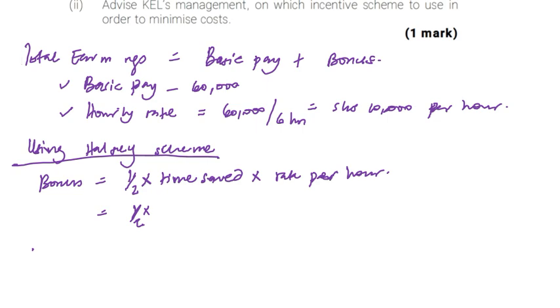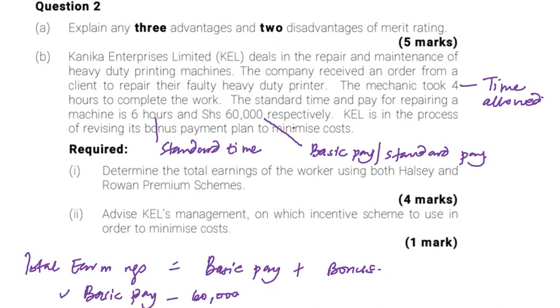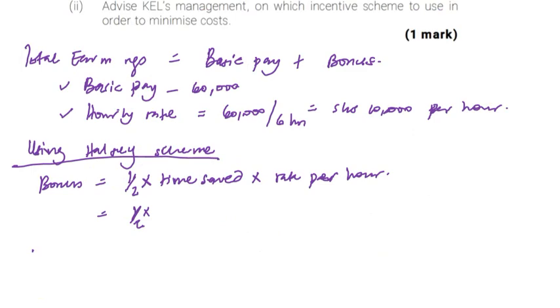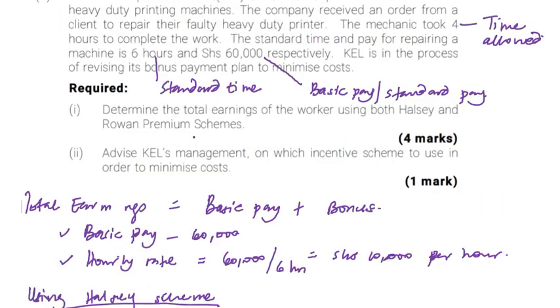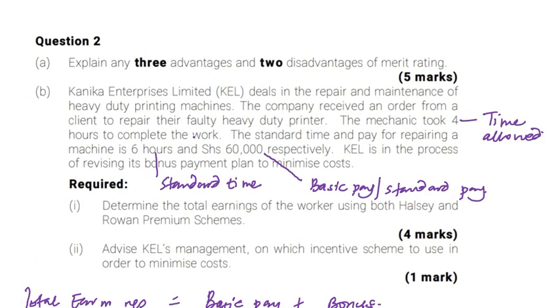When we look at the information given, the time allowed is 6 hours, the standard time is 6 hours. So the time saved is the standard time minus the time that was taken. Oh, sorry, this is supposed to be the time taken, not allowed.